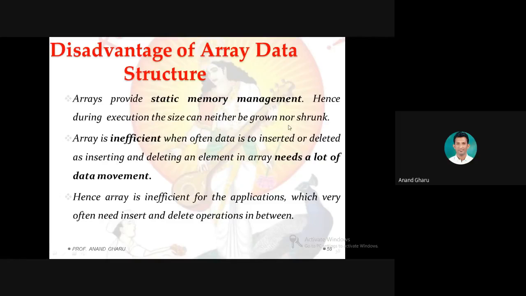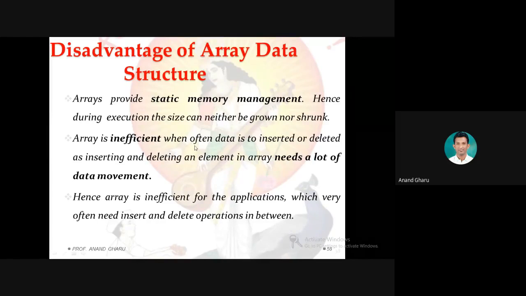Once you assign the memory to the array with static memory allocation, then during execution you cannot change the memory. Memory cannot be increased or decreased. Grown and shrunk means increased and decreased.